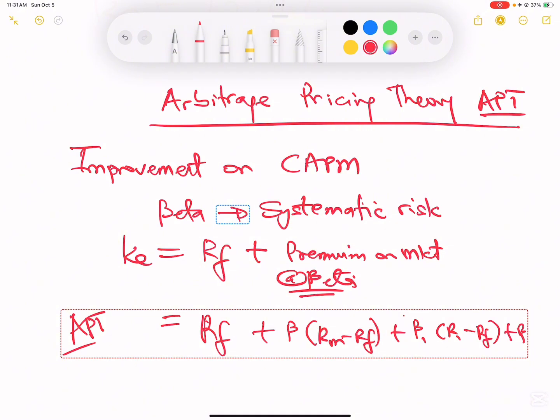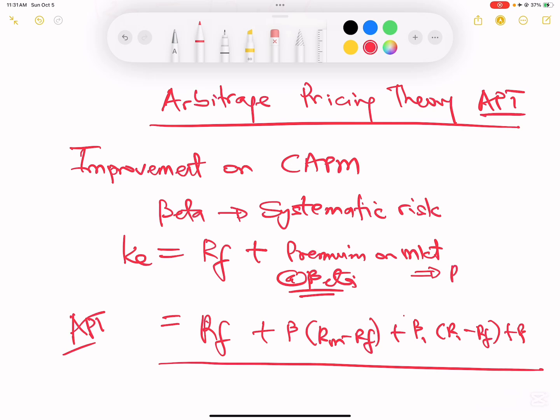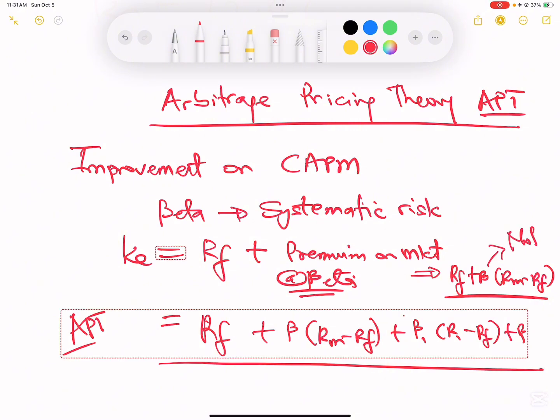So the CAPM formula should be much longer and not just the simple formula that we have been using, RF plus beta into RM minus RF. It's saying that this is not complete, not sufficient. That is what the arbitrage pricing theory is talking about.